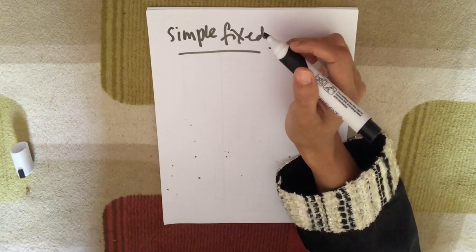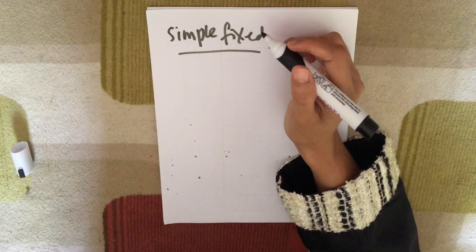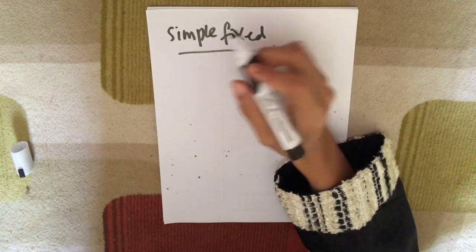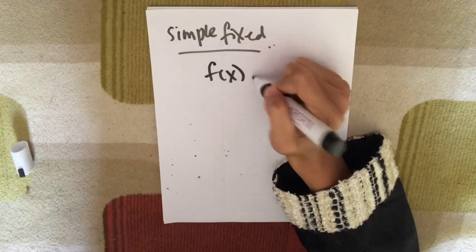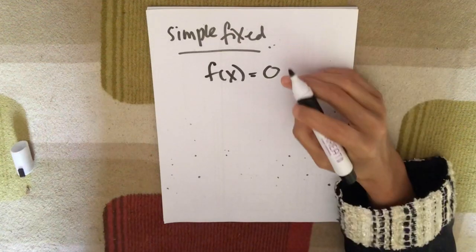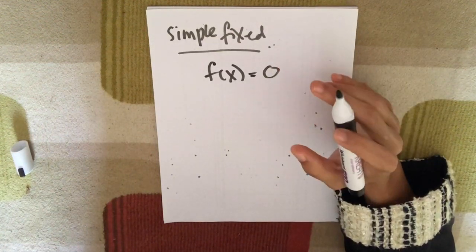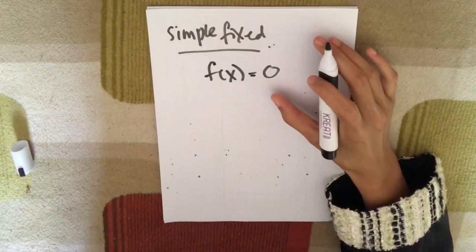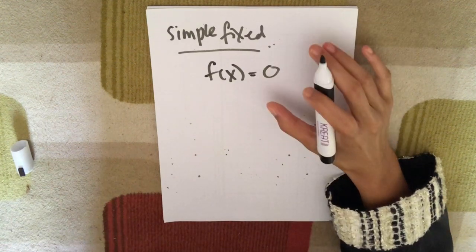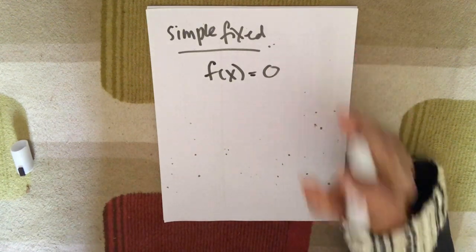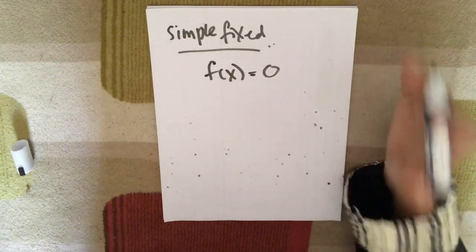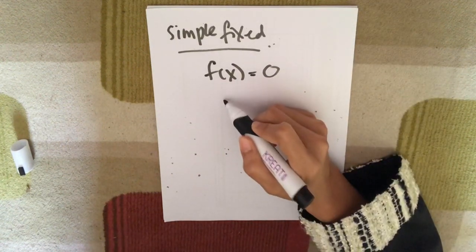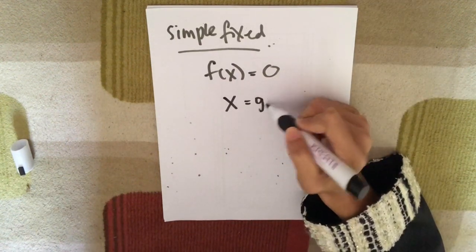basically the concept behind the simple fits method is we will rearrange. You have f(x), the function, which will be given in the question. So in simple fits, the first or basic thing that you need to do is to rearrange, susun semula.